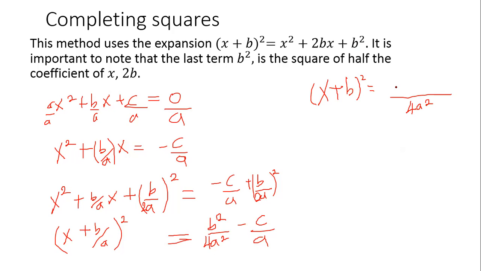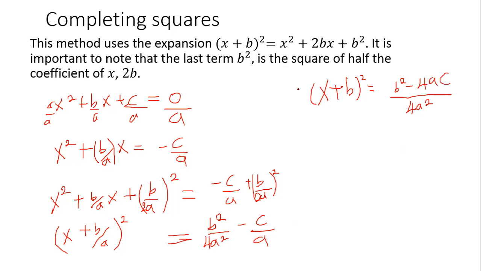So multiply by b squared, so it remains as b squared, then minus 4a squared divided by a, what do we have? 4a. For a, so we multiply it by c, it gives us 4ac.